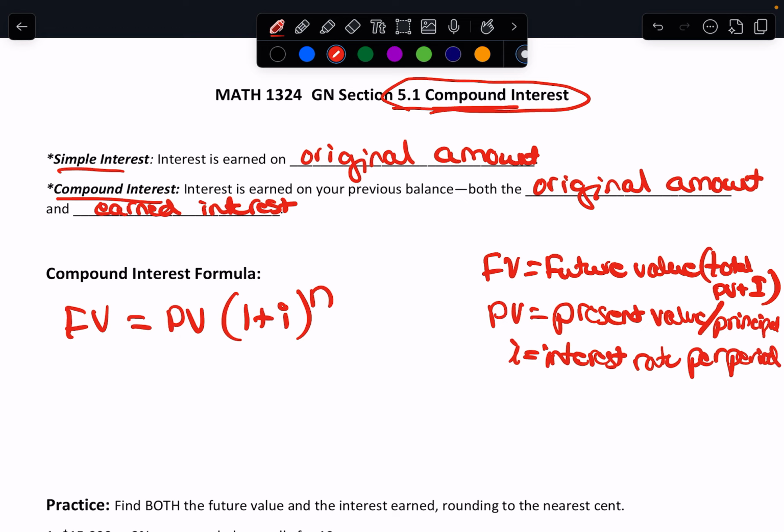Now i is calculated by r over m. So r is the annual interest rate in decimals.